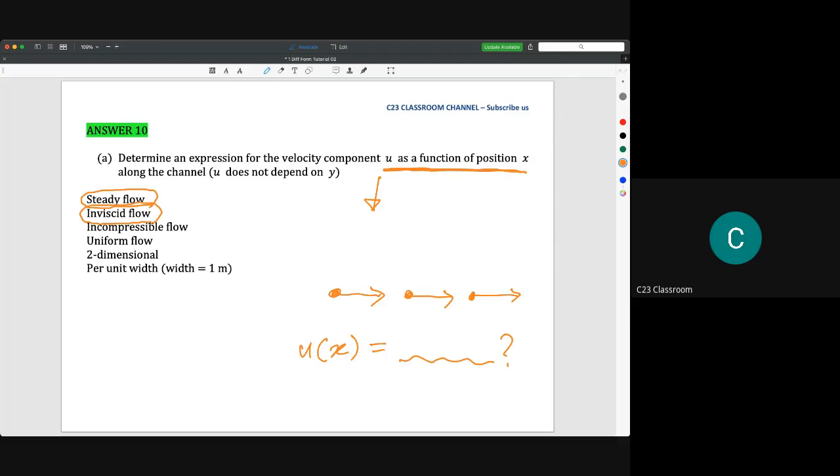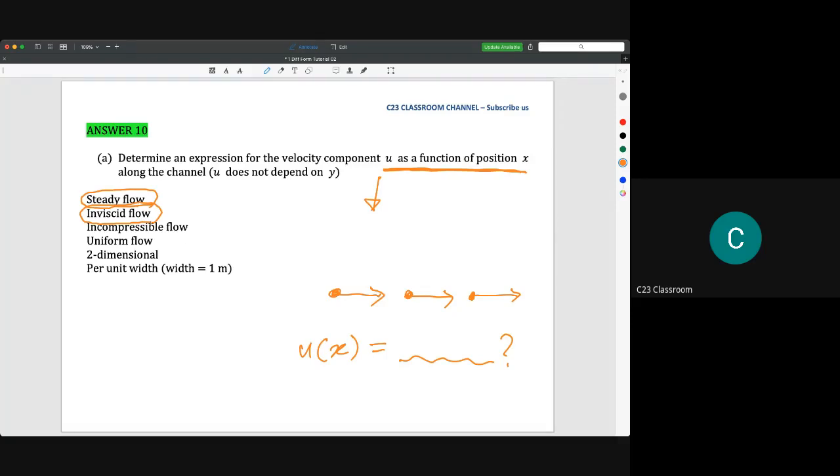Inviscid flow means flow which is not influenced by viscosity, because after this we will enter ideal flow. I think I already described this in the first meeting. So inviscid flow means there is no resistance coming from the fluid itself.